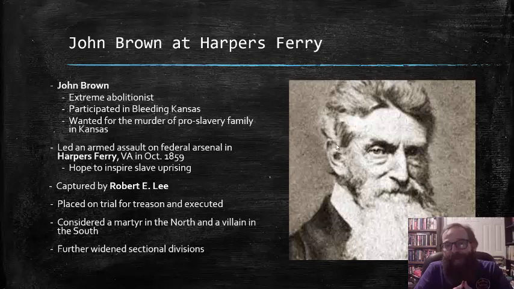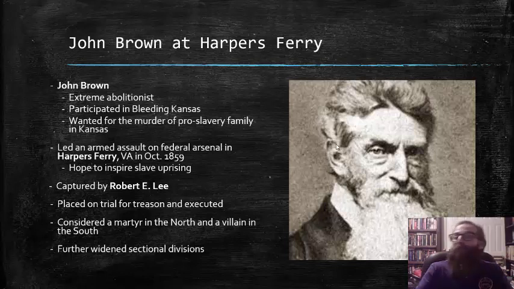In October of 1859, he led an armed assault on the Federal Arsenal in Harper's Ferry, Virginia, where he hoped to inspire a slave uprising that would take over the South and overthrow the slave power and, of course, abolish slavery.